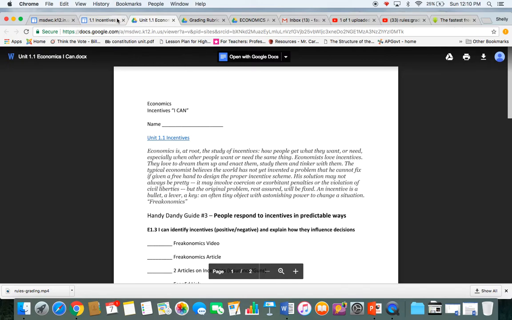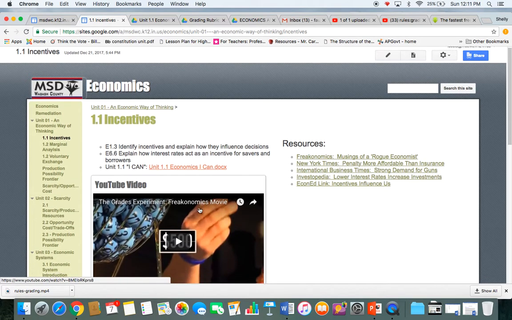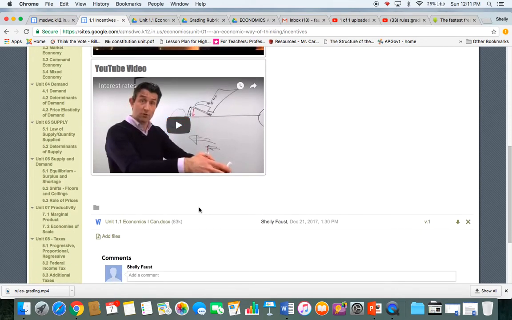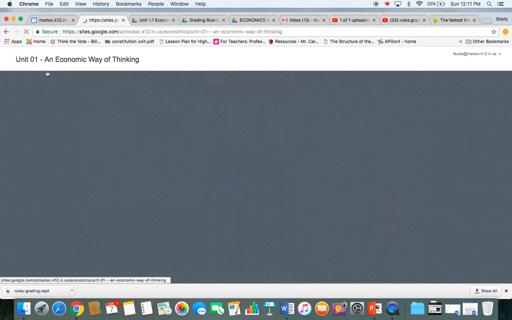For each one of these, I will have the standard that you should have under this, and then the I can statements that must be printed off. I'll have all of the videos with great explanations. Some of them are mine, some of them are not. And then all of the resources that are going to be necessary for you to do that.